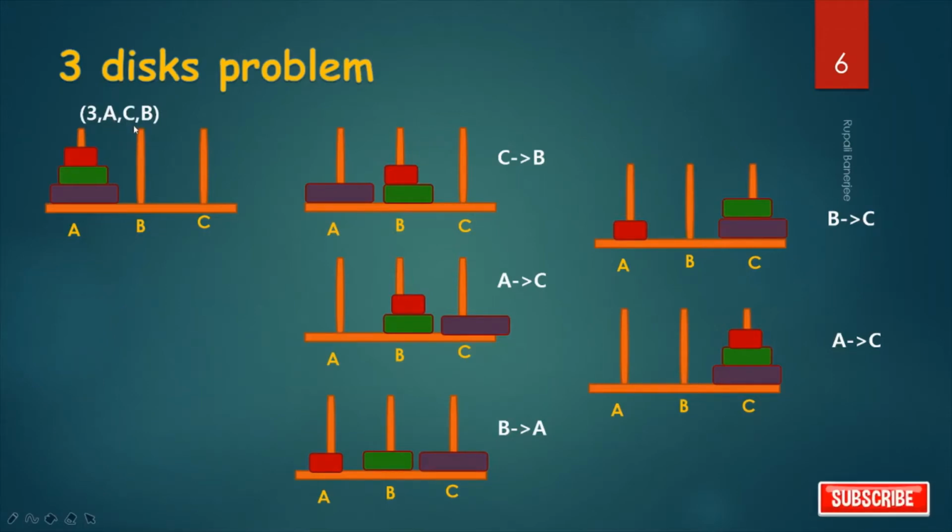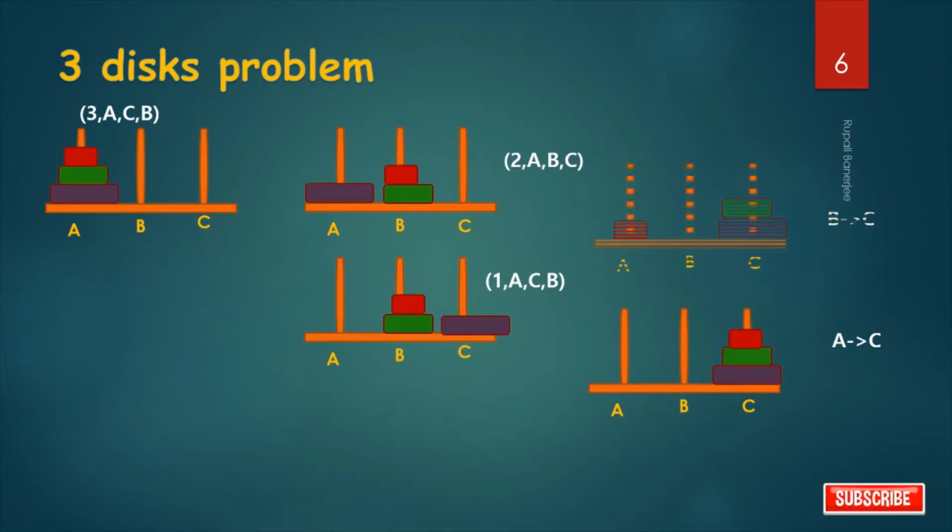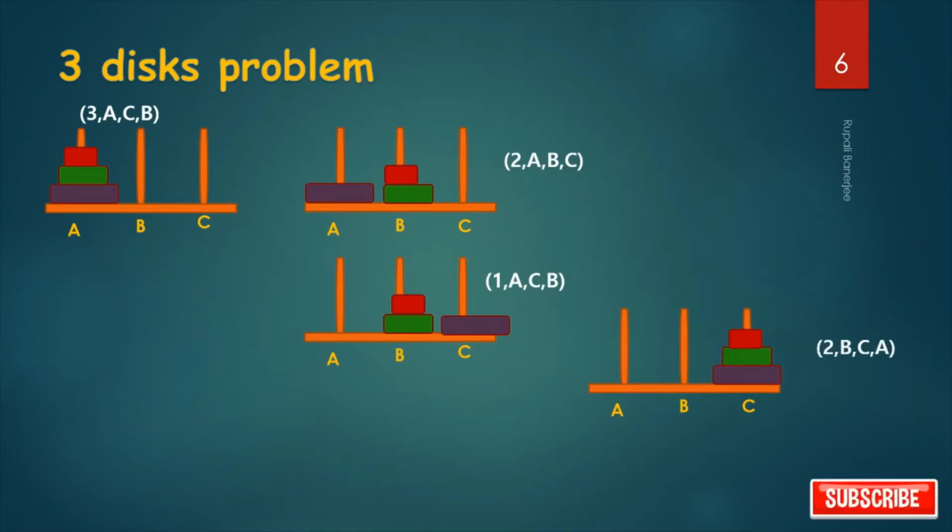Source tower is A, destination tower is C, and auxiliary tower is B. Next, I have to move two disks where source tower is A, destination tower is B, and auxiliary tower is C. Next step is, I want to move one disk where source tower is A, destination tower is C, and auxiliary tower is B. Next, I want to move two disks where source tower is B, destination tower is C, and auxiliary tower is A. So these four steps are required.